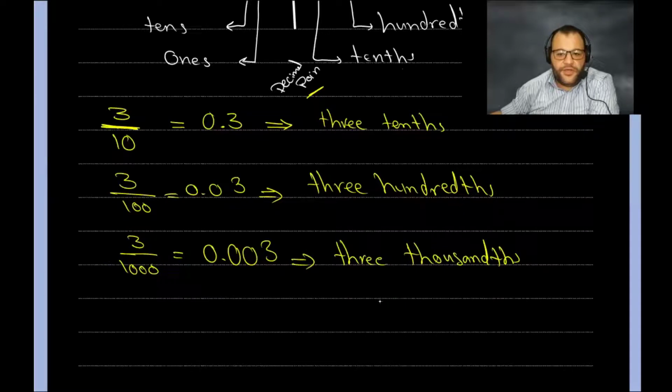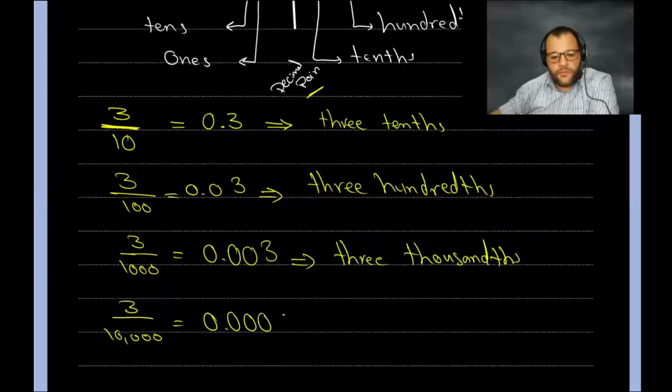Suppose that we have here 3 over 10,000. Who can convert this number? Yusuf, can you convert this number to decimal? 0.0003. So it will be read as 3 ten-thousandths.